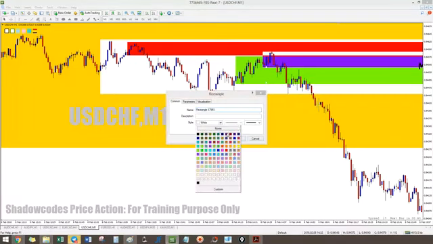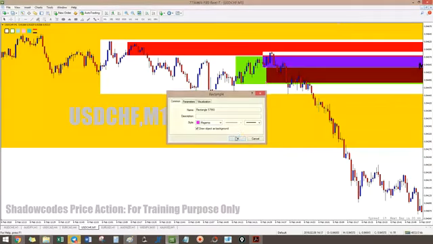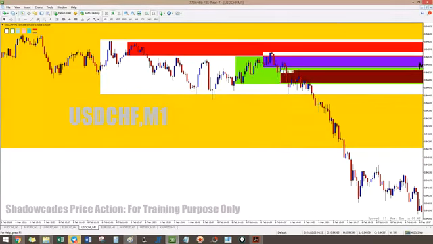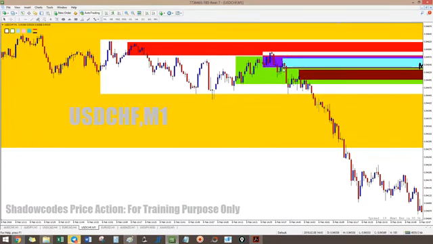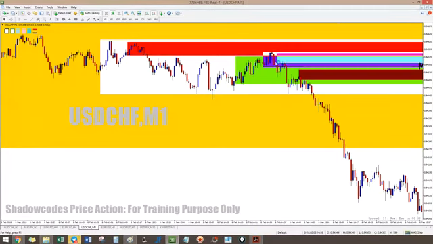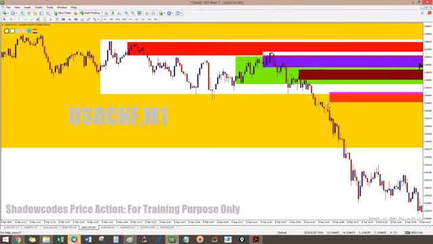No, it is magenta. So this is a clean break. Oh no, it's not a clean break. Is this a clean break? Yes, but price already closed above it, so we will not take it. This one is also a clean break, this one too.